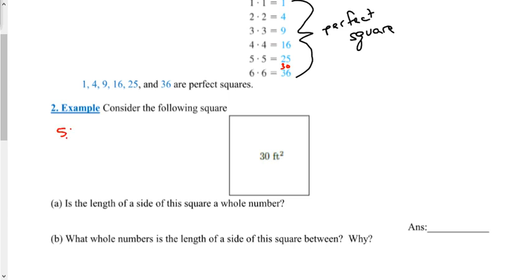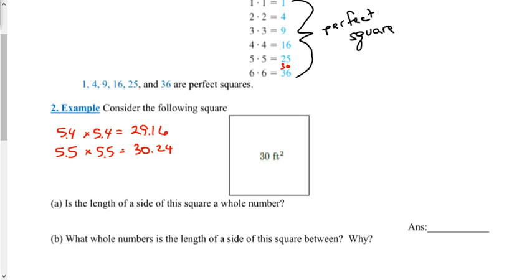So if I guess 5.4, let's do 5.4 times 5.4. If you multiply that out, you get 29.16. You say, oh, okay, well this side must be a little bit bigger than 5.4. I bet it's 5.5. And so if you take 5.5 multiplied by itself, we end up getting 30.25.